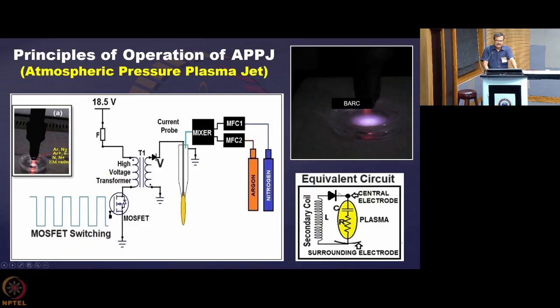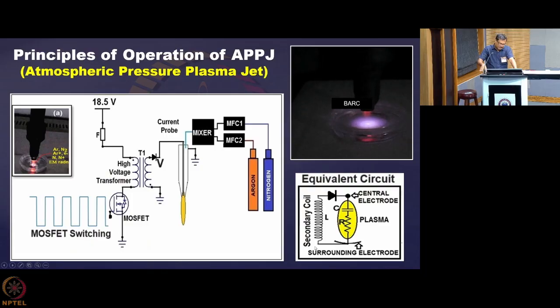So it is now an LCR circuit. When the pulse is applied, the plasma is formed, and only then does it get on. Otherwise, if there is no plasma, this part is open. So when the plasma is formed, it completes an LCR circuit.